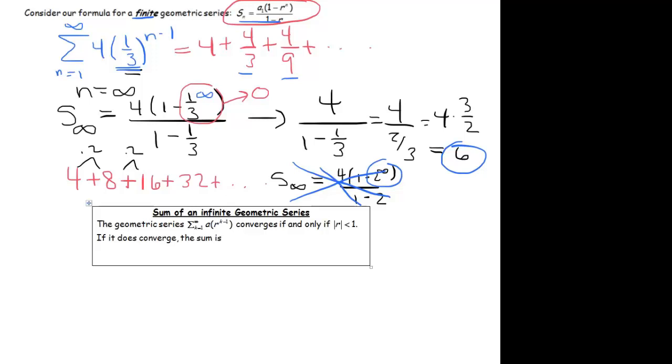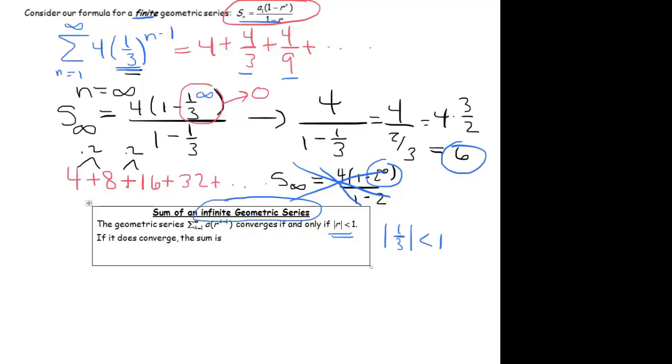So that's the condition you need to check for an infinite geometric series. An infinite geometric series converges only if the absolute value of your r is less than 1. In our case, a third was less than 1. The reason it's absolute value is because your r can be negative.